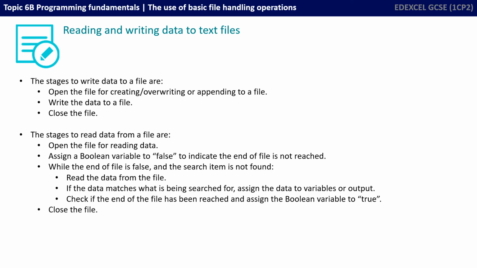If the data matches what is being searched for, assign the data to variables or output. Check if the end of the file has been reached, and if it has, assign the Boolean variable to true, and again close the file.